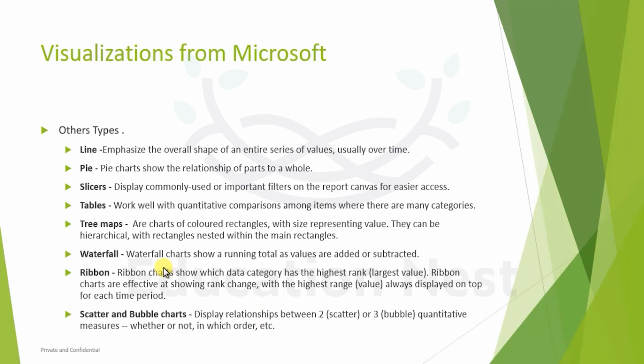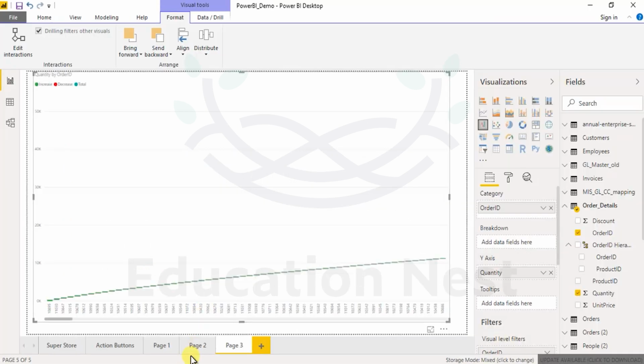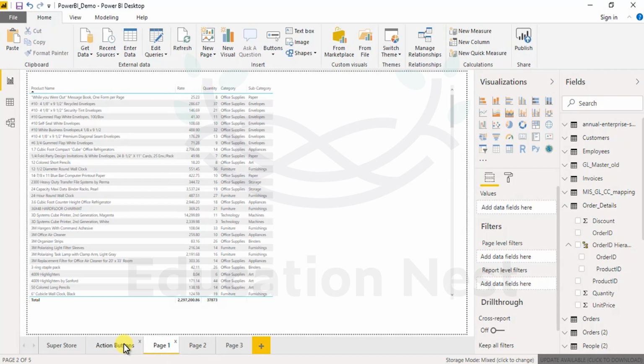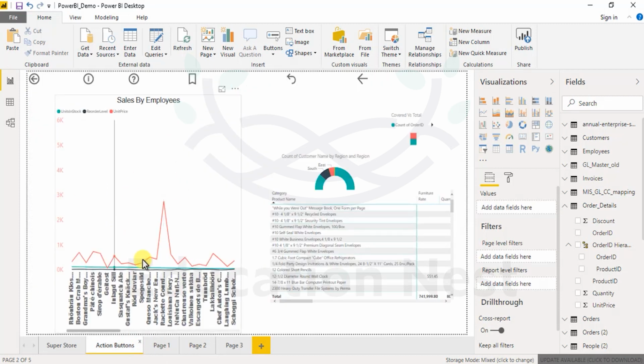Let's go back. Ribbon charts. Ribbon charts show which data category has the highest rank and what is the change in it. The highest rank is shown at the top, the lowest one is shown at the bottom. So if I have to show you this as a ribbon chart, do I have the ribbon chart over here by any chance?